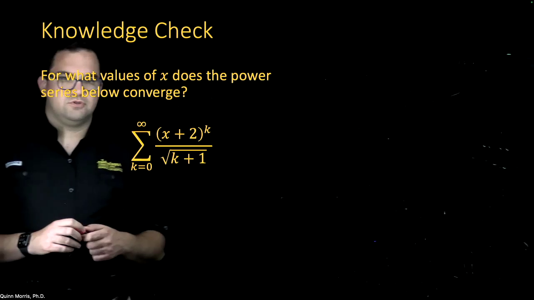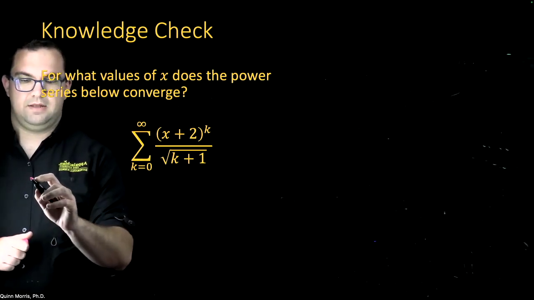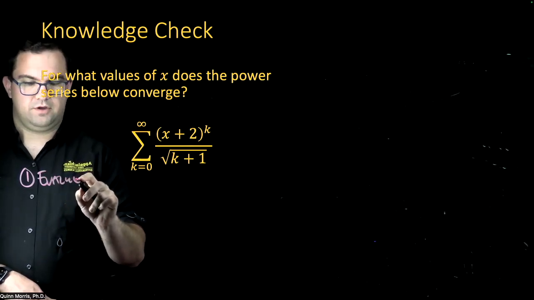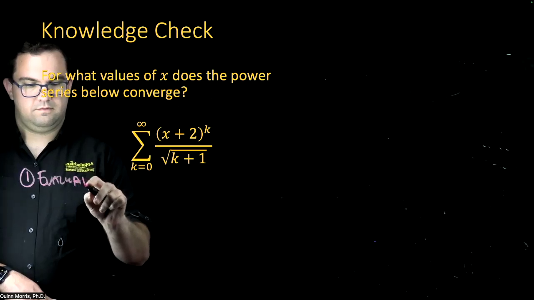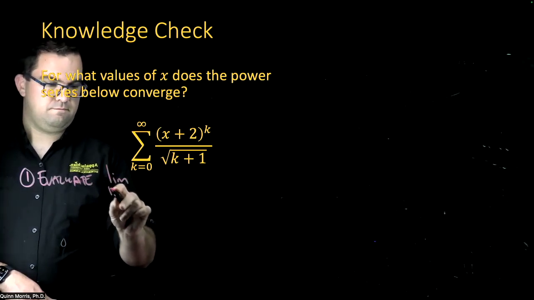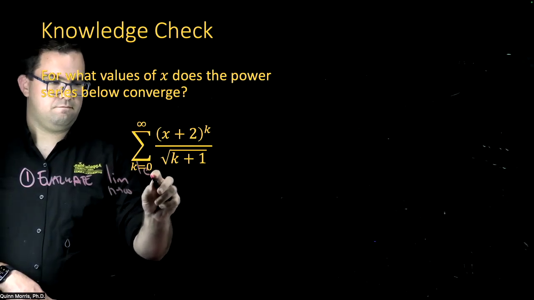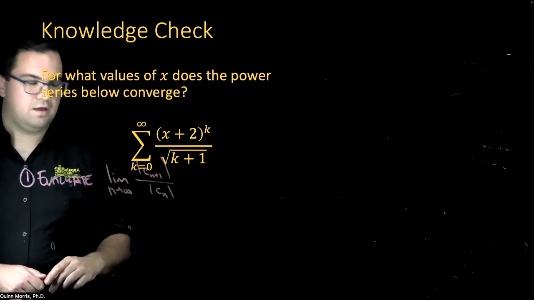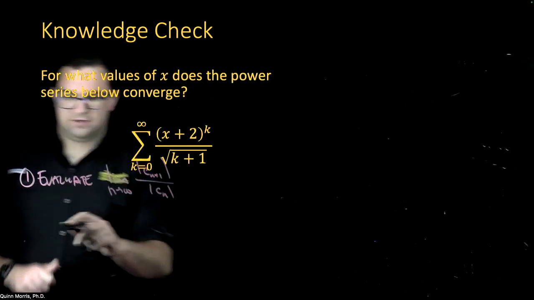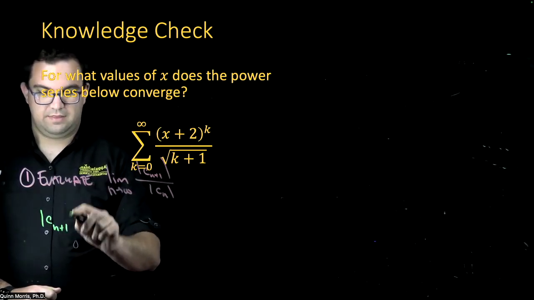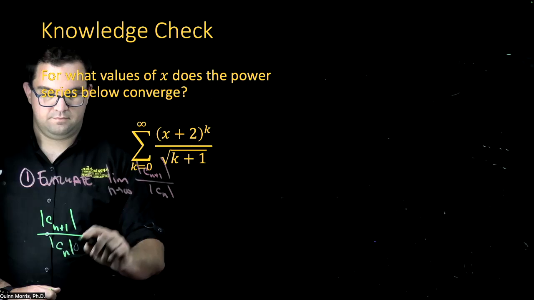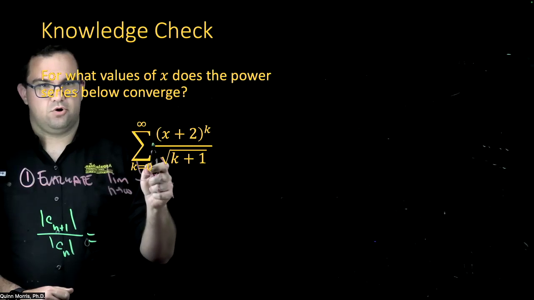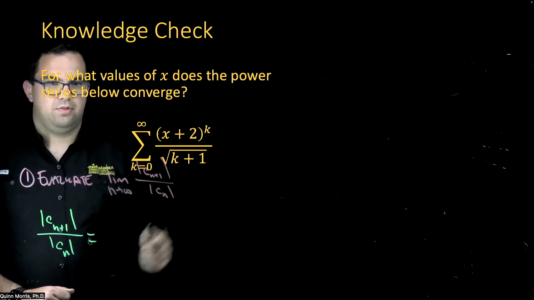Okay. So again, the first thing I'm going to need to do is look at this limit of the ratio of the coefficients. And before I can do that, I'm first going to need to find that ratio. My coefficients are 1 over the square root of k plus 1.